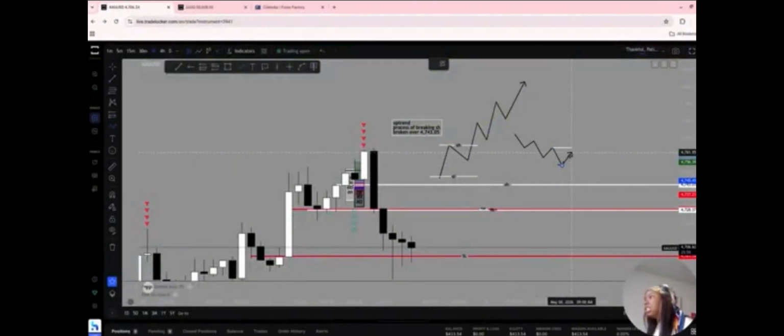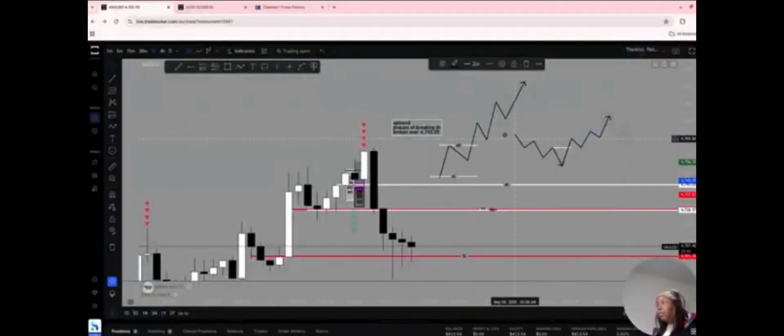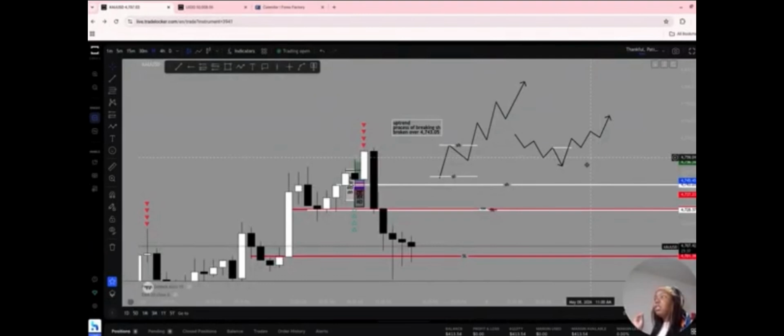Some people call it change of character, break of structure, whatever you want to call it. I just call it a break of structure. Then on your lower time frame, it's going to begin to create higher highs and higher lows. That's literally what you're going to see on a lower time frame.